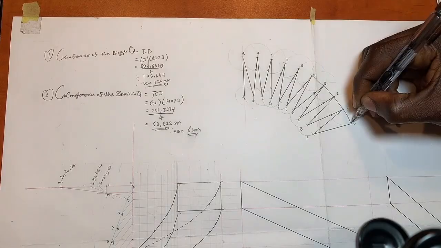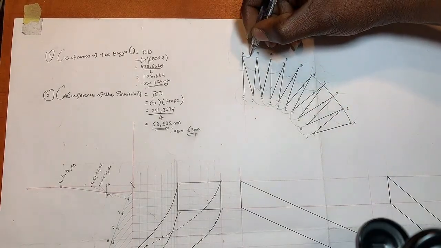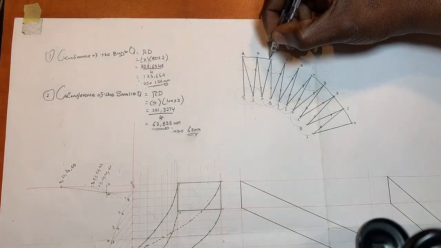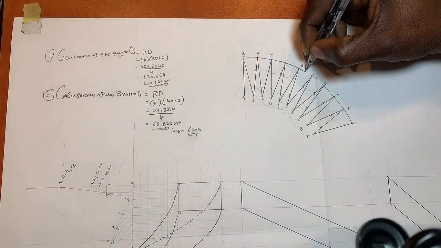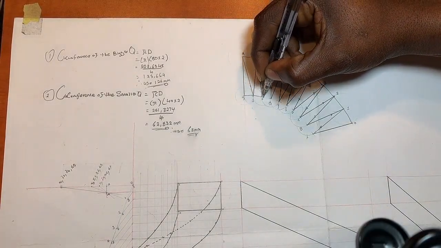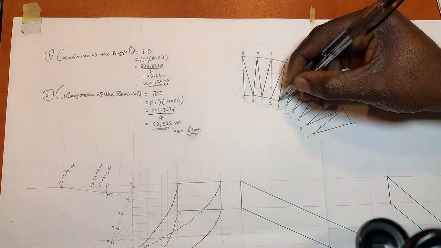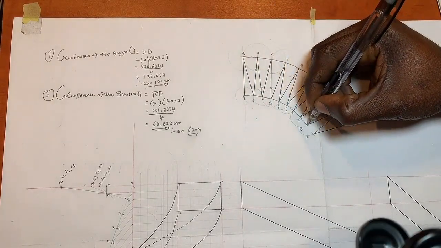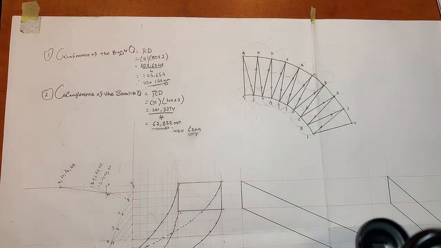If you do not have both, you can use your freehand, rather than submitting your work without joining these points. So it's supposed to be joined freehand or using your flexi curve or your boilermaker squares. You get what I'm trying to say?